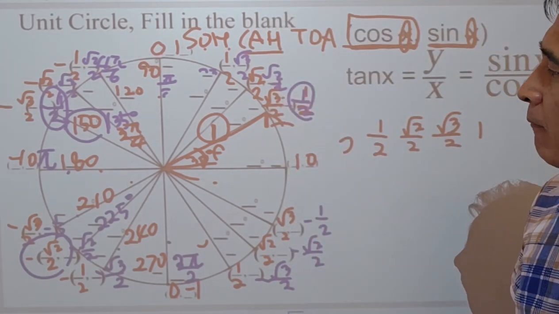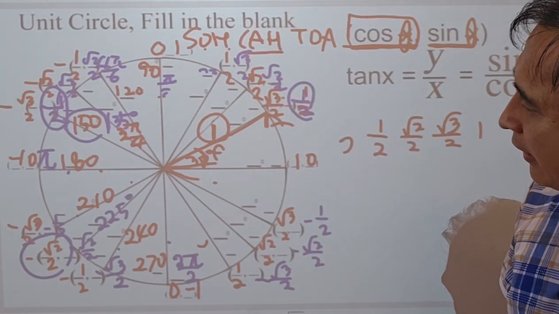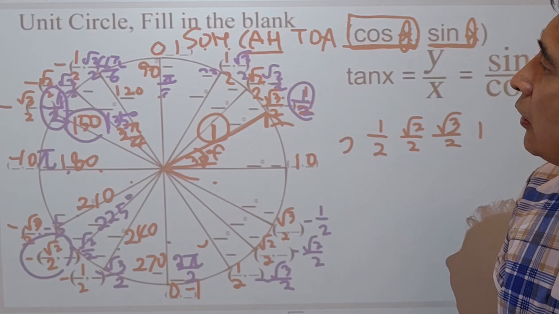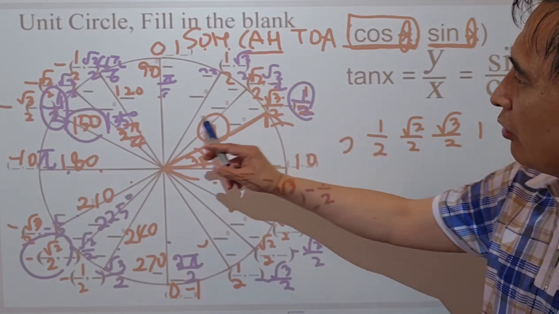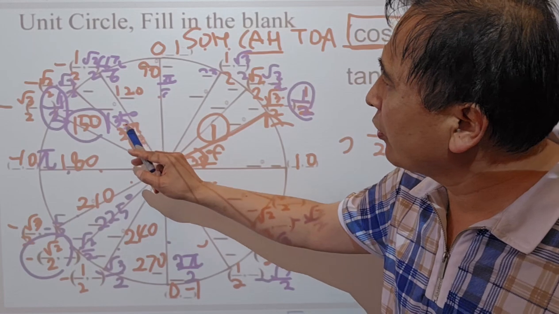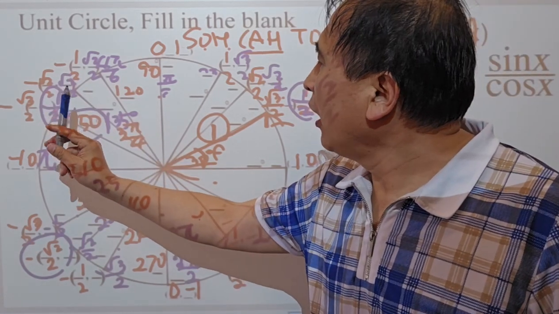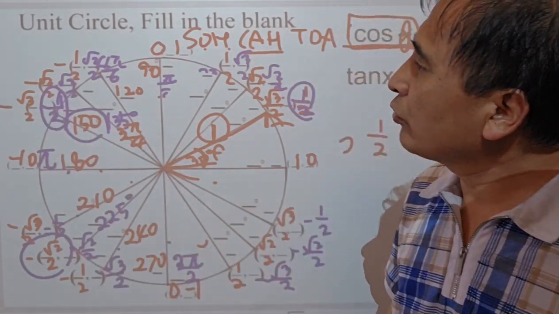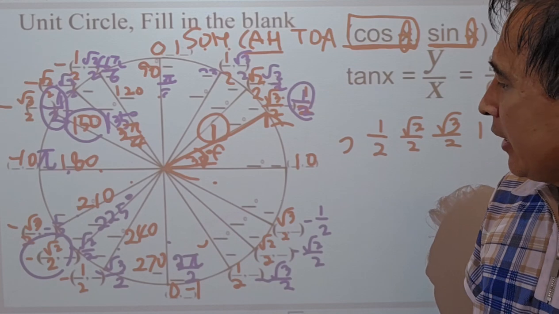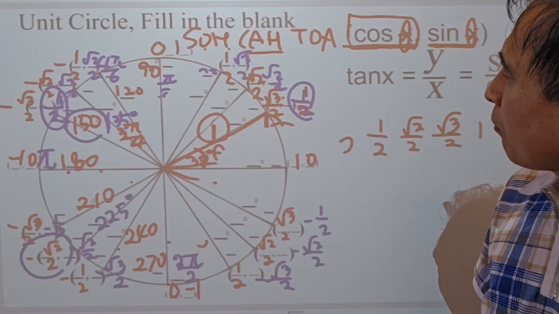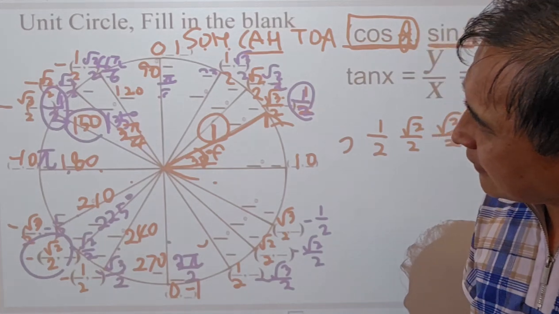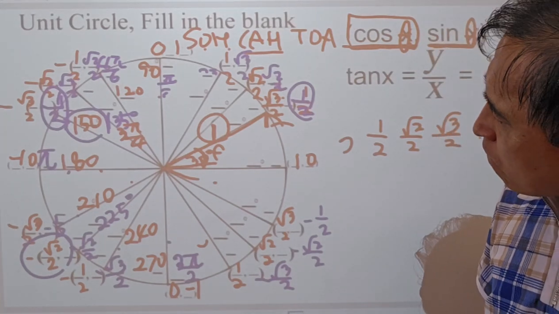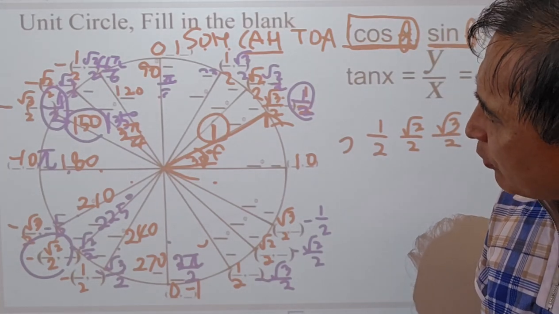Let's use radians. Let's say cosine 3 pi over 4. Then you can go to 3 pi over 4 right here, and cosine is also the x value. Here, negative root 2 over 2. Okay, now sine 3 pi over 2.